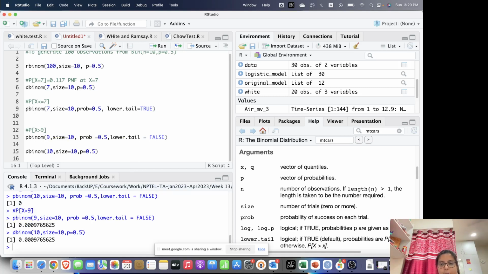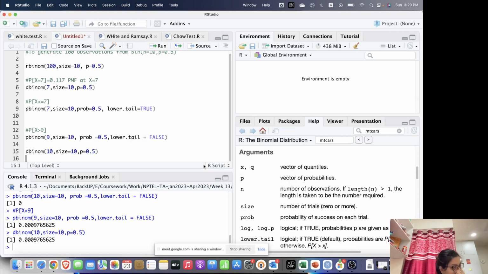Is it clear? Yeah. Okay. So these are to find out the points.